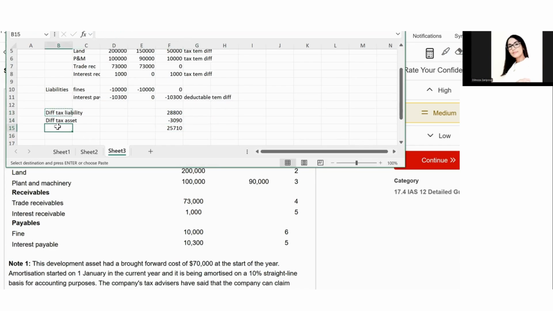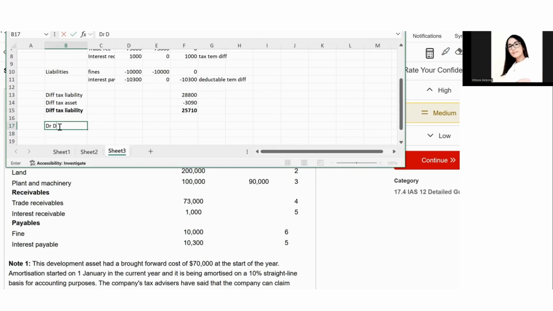And they are saying to show the movement. Debit deferred tax expense and credit deferred tax liability. This amount will go here.